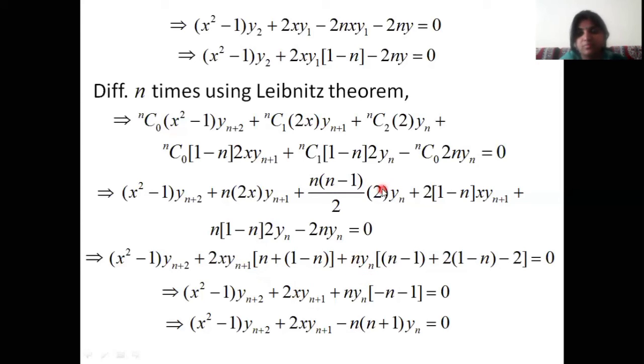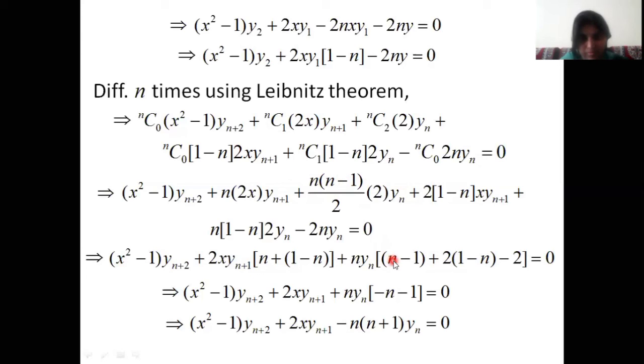Plus, where are the yn terms? Here you have a yn term, here you have a yn term, and here also you have a yn term. I'll just take all these 3 terms. Before taking that, you have 2 here and 2 here, you can cancel that and take. So in all these 3 terms you have n into yn common, so I have taken that common. And when you cancel this 2, you will be left with n minus 1.